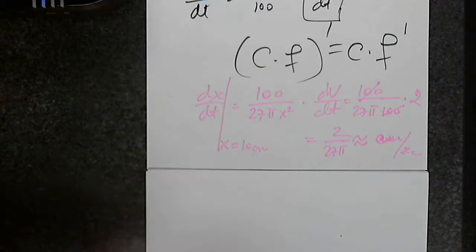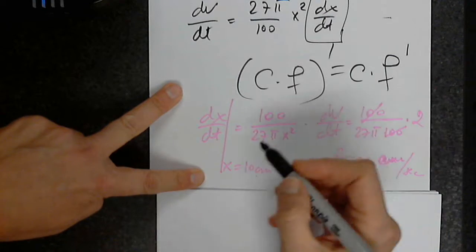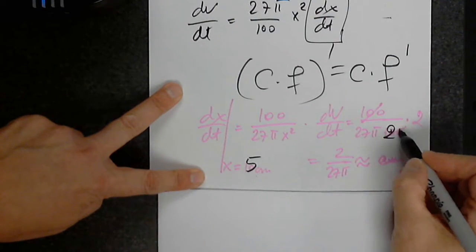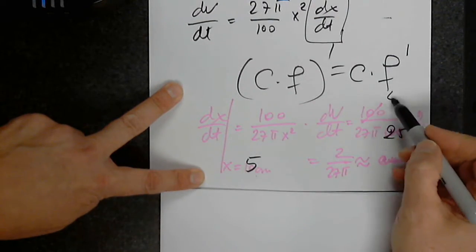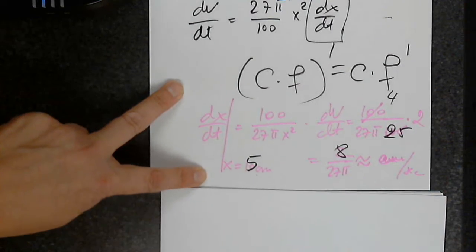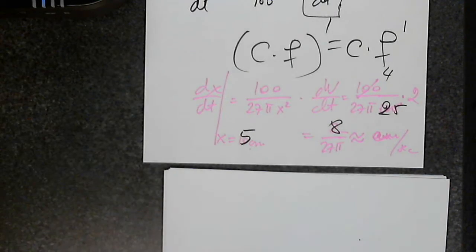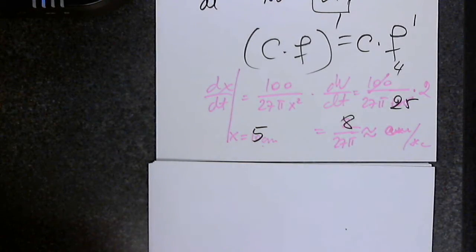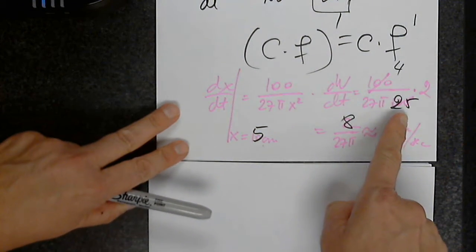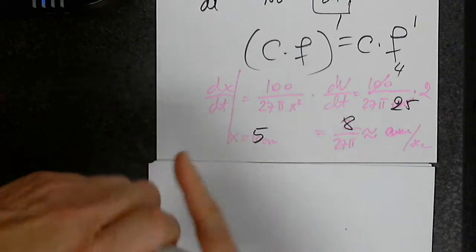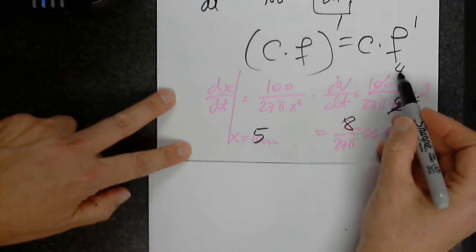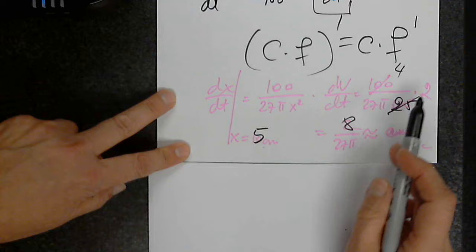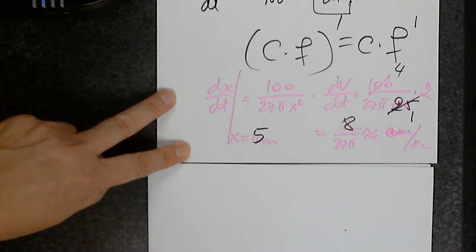So since it is 5, then this should be 25, and this should be 4, so it's 8 over 25. When you simplify 25 with 100, you get 1 and you get 4 here. 4 times 2 is 8, 27 pi is 27 pi. That's still good.